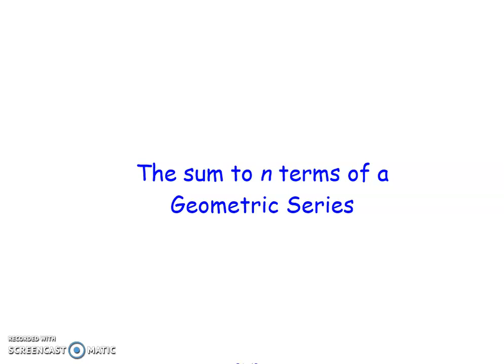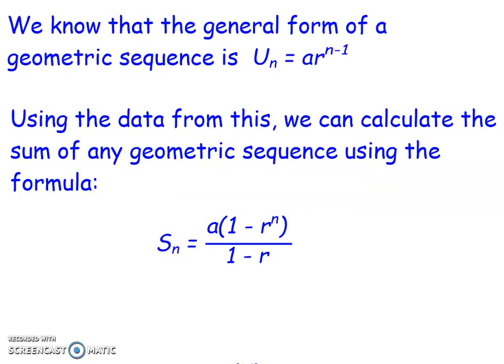Now, when we are calculating the sum up to a certain number of terms, the formula we're going to use for this is actually different from that of an arithmetic sequence. Remember that the general form of a geometric sequence, as we've just said, is un equals ar to the n minus 1. In this, a is the initial starting term, so our u1, and r is the common ratio, which we can calculate by looking at the ratio of two consecutive terms, un plus 1 and un.